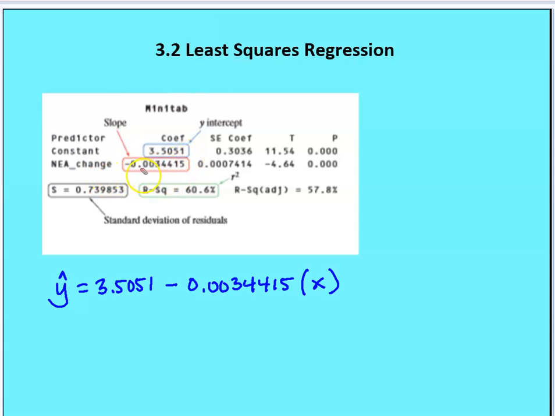This is your slope, negative 0.00344415. I have r squared at 60.6. There's adjusted r squared, which we can talk about later. And then there's a standard deviation of the residuals. All right, so this line does an okay job. There is some relationship of accurately predicting the weight gain based on the amount of NEA calories burned. All right, so this is just a computer printout.